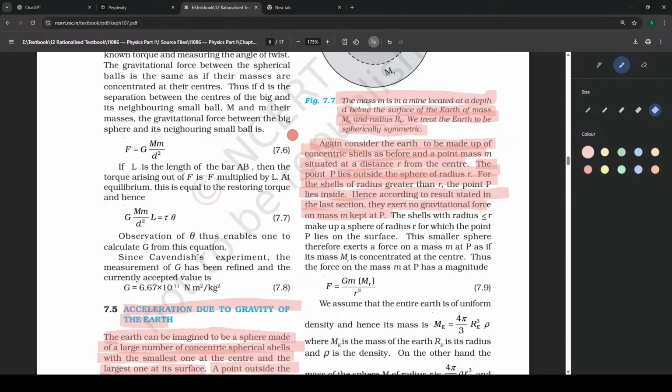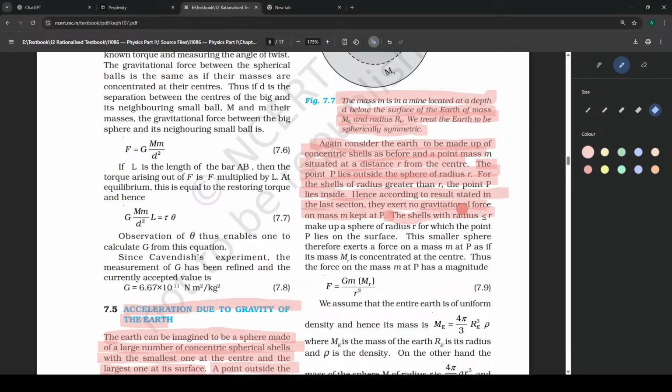Again, consider the Earth to be made up of concentric shells as before, and point mass m situated at distance r from the center. The point lies outside the sphere of radius r. For the shells of radius greater than r, the point P lies inside. Hence, according to the results stated in the last section, they exert no gravitational force on the mass m kept at P. These are the outer shells.